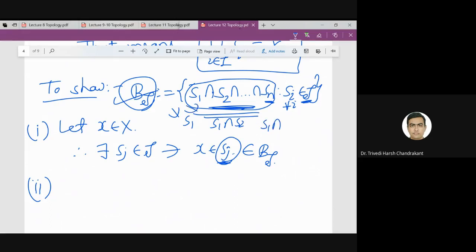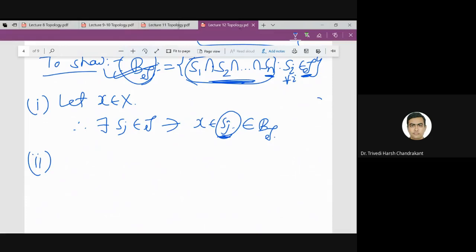S1 intersection S3 intersection S5 also belongs to Bs, right? Because these are all finite intersections of elements of the family S. Whatever I take, a single set, or an intersection of two sets or three sets, all these sets belong to Bs. So that is the definition of Bs.